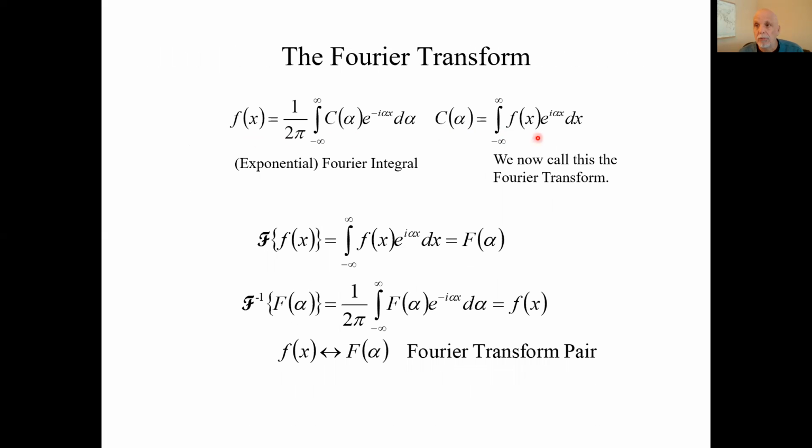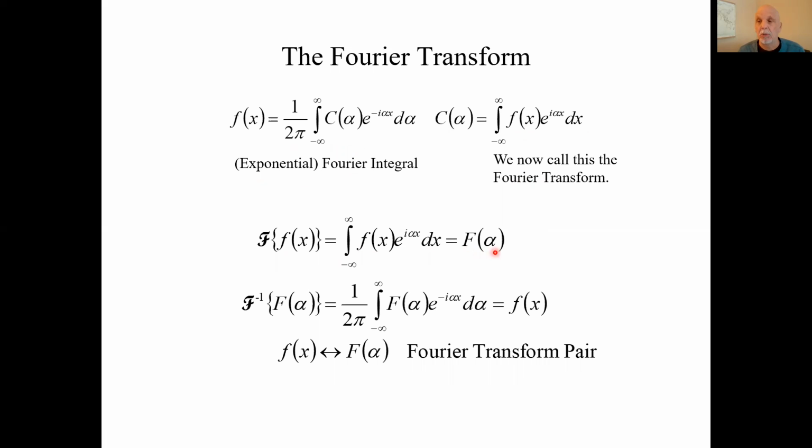Here was the formula for the coefficient in here. Now we're just going to redefine things. We're going to call this thing the Fourier transform. And we're going to call this thing, well, it is the exponential Fourier integral. It's going to be the inverse Fourier transform. Here's the Fourier transform, which is this.